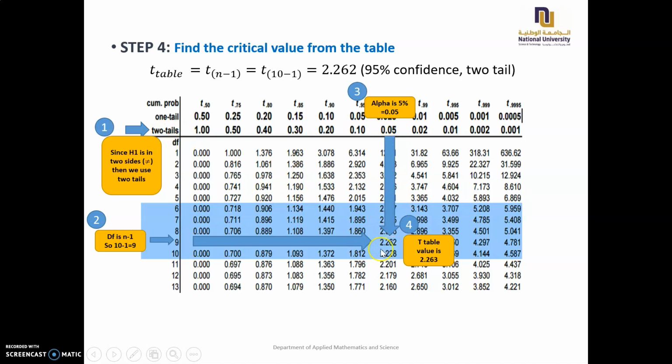It leads you to this result, which is 2.262. Now this is your table value. So 2.262 is your table value at alpha 5%, which means at a confidence level of 95%.